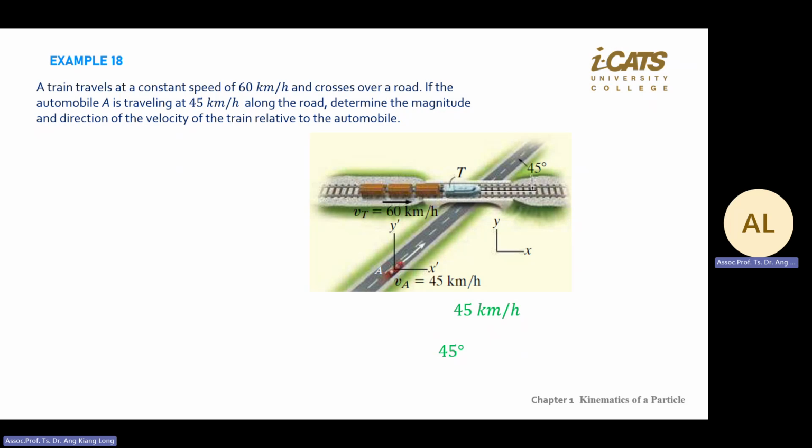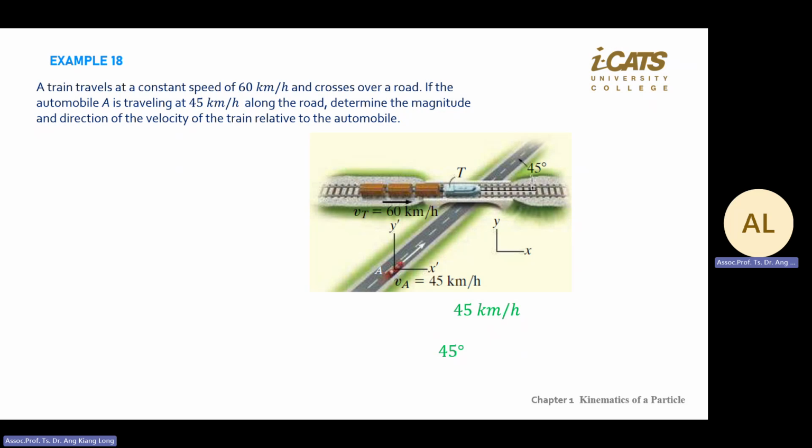You are given a diagram with the train moving in a straight line, and a car moving at another position. It asks you to determine the magnitude and direction. If you have x and y, then you have vx, vy. You square vx squared plus vy squared, square root, you get the magnitude. Then you take the inverse tangent, you get the angle.